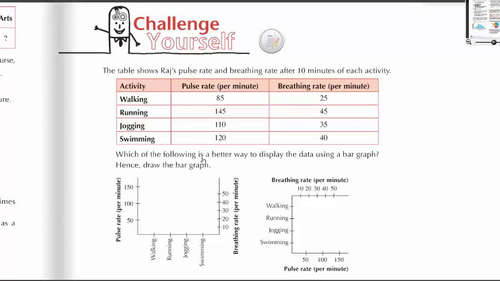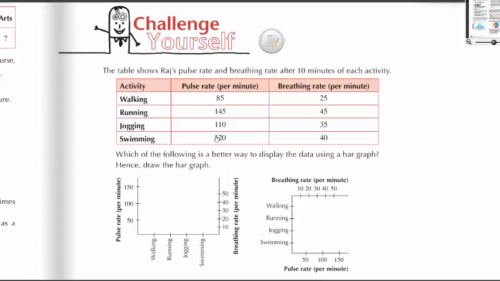So if you can still remember what I told you, events must always be on the horizontal axis and not on the vertical axis. On the vertical axis, we will use frequency. So which graph would you choose as a better graph? Of course this graph, because for the first graph, the event is actually on the horizontal axis.